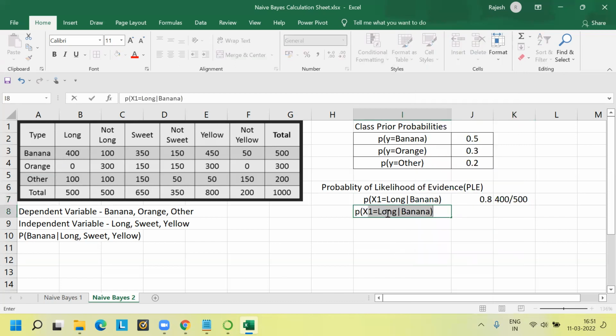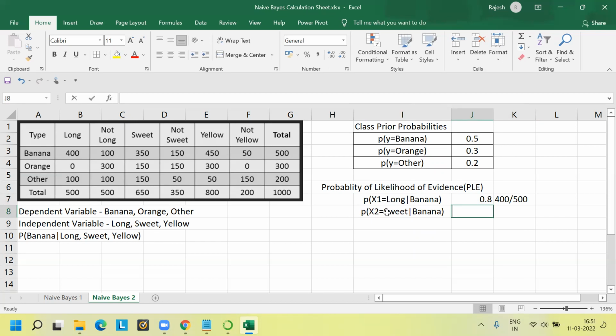Probability of x2 equal to sweet given it is banana. So sweet and banana, how many are there? 350 divided by the column total, which is 650. You got 0.53.